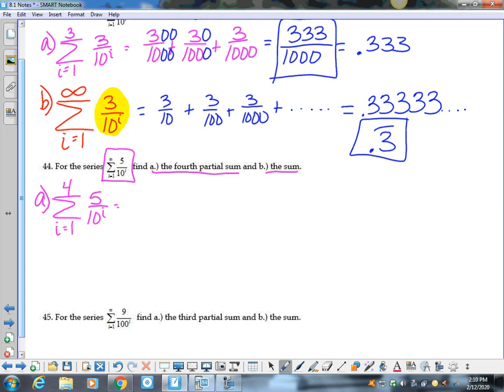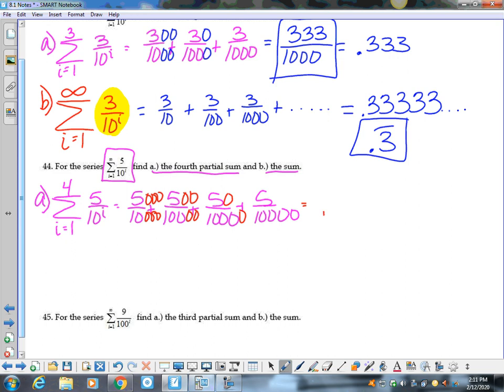Okay, so I'm going to plug in a 1. That's 5 over 10. Plug in a 2. 10 squared, that's 100. 10 cubed is 1,000. Then 10 to the 4th is 10,000. Common denominator is 10,000. Get my common denominators.